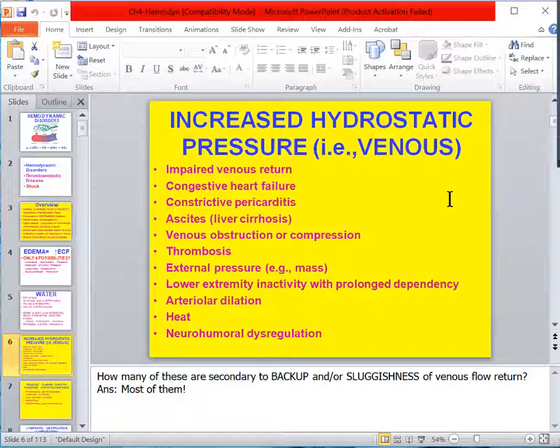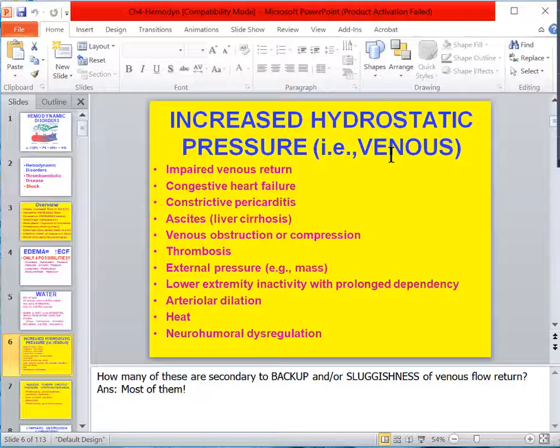When the pressure inside of your veins, venous pressure, exceeds the colloid oncotic pressure, remember, the colloid oncotic pressure is the pressure that is due to the presence of solutes, or we'll call them protein solutes, inside of the blood vessels. That has a drawing in effect, just like solutes might draw in something, even in chemistry.